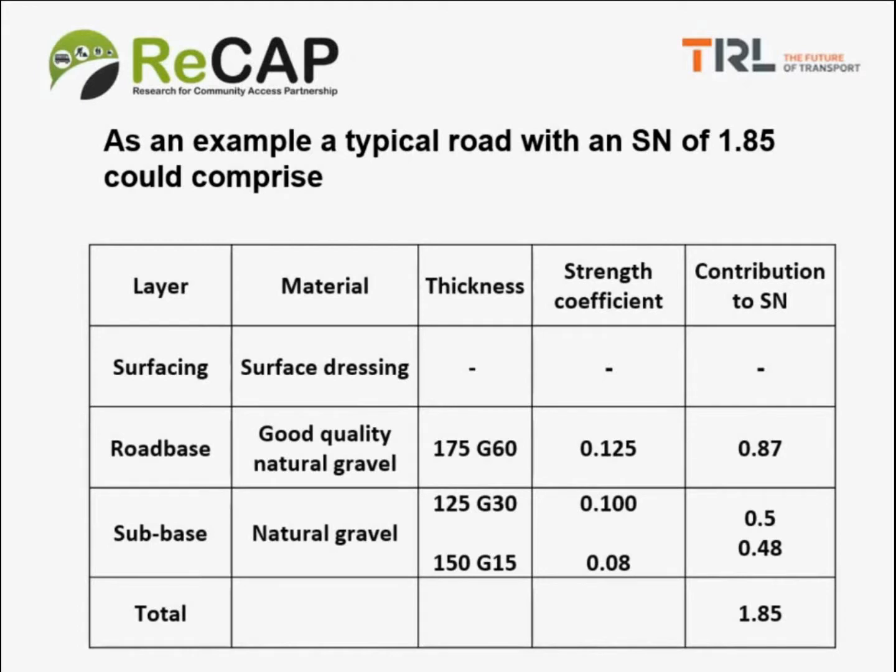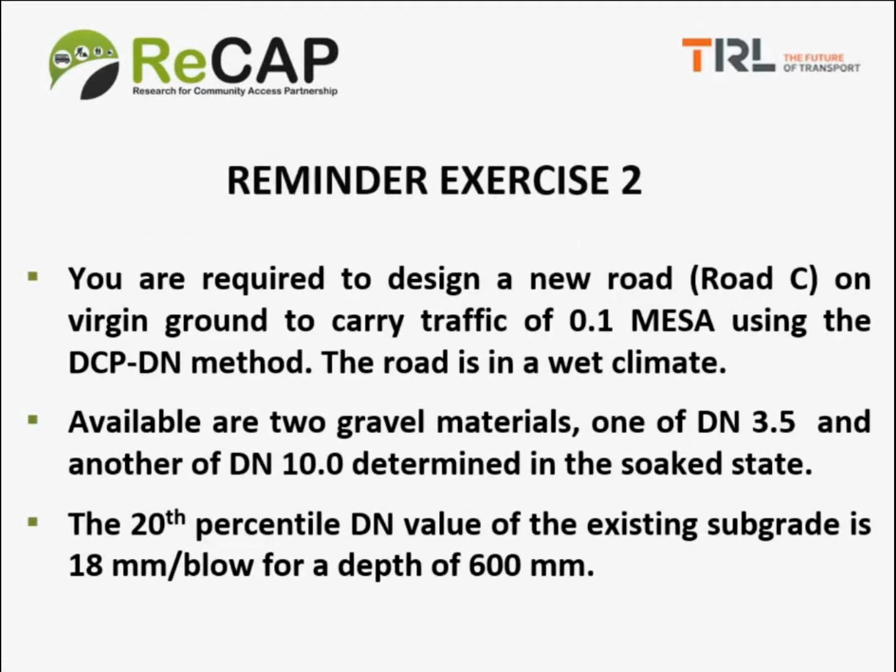We also have some natural gravel of CBR 30. So these are ideal for the road base and sub base. And that is a typical design that will carry our traffic quite happily, I believe, for the 15 years as per the design. So that is the end of exercise 1.